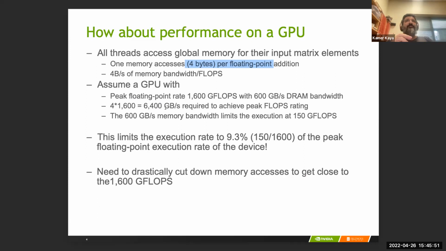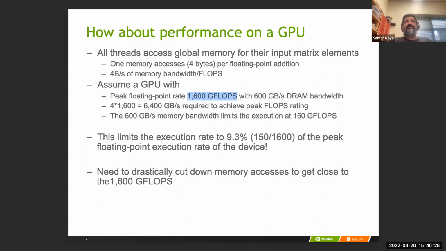Assume a GPU where the peak floating point rate is 1,600 gigaflops with 600 gigabytes per second DRAM bandwidth. This much bandwidth is required to achieve that theoretical rate. But we are limited by this, and it only gives us that many gigaflops, which is about 10% of the gigaflops that we have.